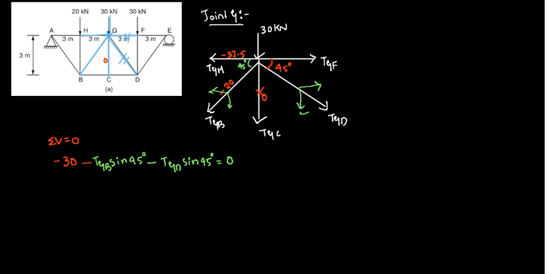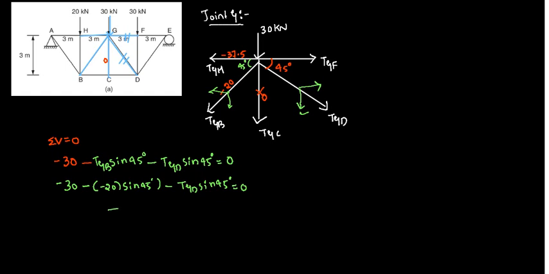Now I am substituting the value: minus 30 minus TGB, and TGB is already the negative value minus 20, so you substitute that, sine 45, minus TGD sine 45 is equal to 0. You just observe that in the entire equation the only unknown is TGD.